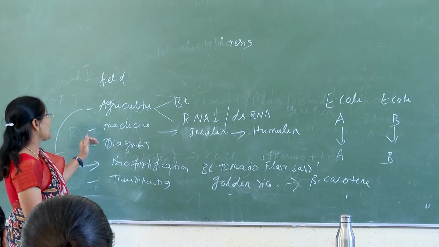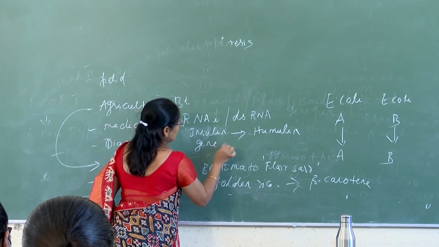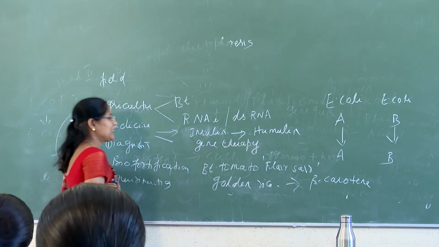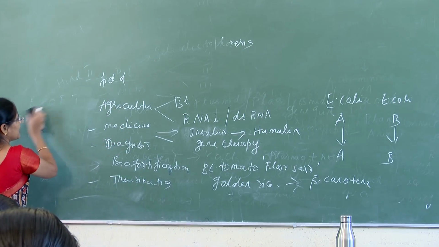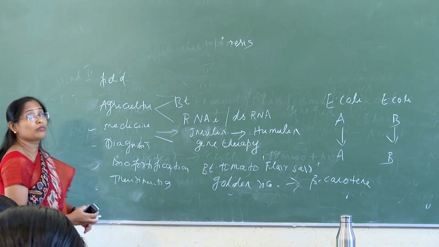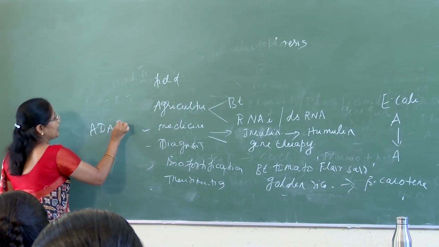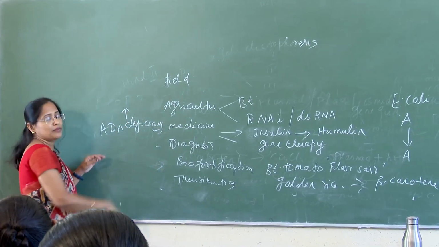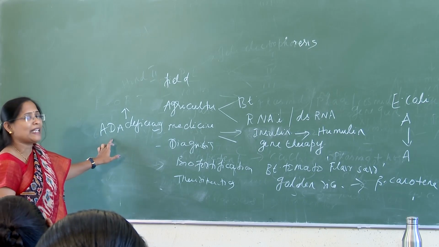Got it now? Then other than that, it is used in gene therapy. To treat which disease or which condition? ADA deficiency. What is ADA deficiency? There is a mutation in the gene which codes for ADA.